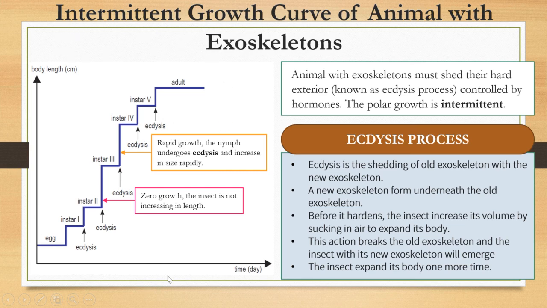What does intermittent mean? It refers to not continuous growth. As we can see from the graph here, it is not continuous. The graph shows intermittent growth.